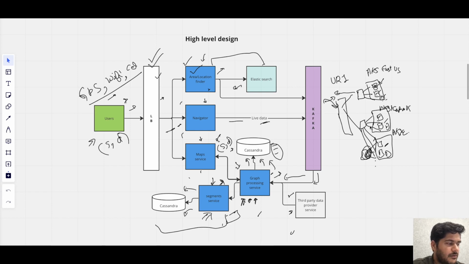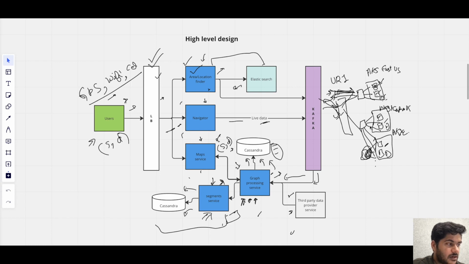When you come for the first time, it will return the IP of this, then every request from that particular area or user goes to this regional load balancer, because it got cached. And when you do not have the cache, you go again to this global load balancer to get the IP of the regional load balancer.